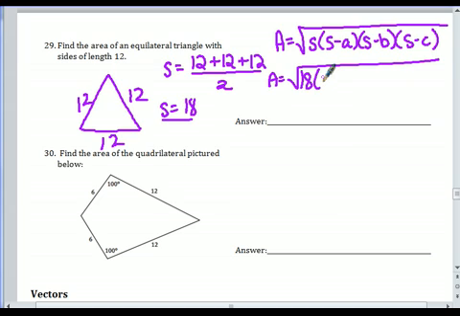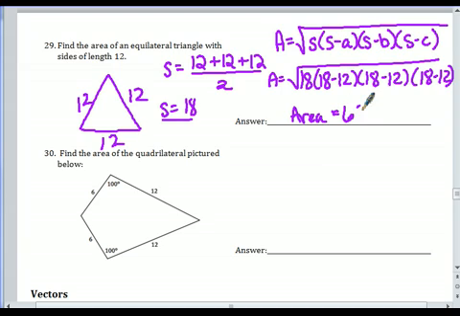So 18 times 18 minus 12 times 18 minus 12 times 18 minus 12. Or you could have just put 18 times 6 times 6 times 6. And when we enter all of this into the calculator, you get area equal to 62.354.